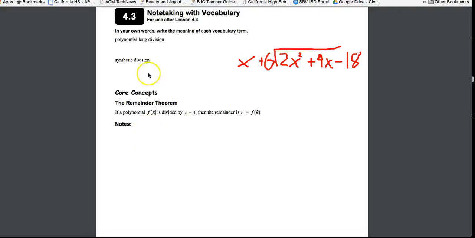Well, when we do this first part, which is polynomial long division, I need you guys to think back to long division. So let's say, for example, you are doing something like 100 divided by 5. Okay, so when we do that with long division, you first see how many times 5, in this case, can go into 1.